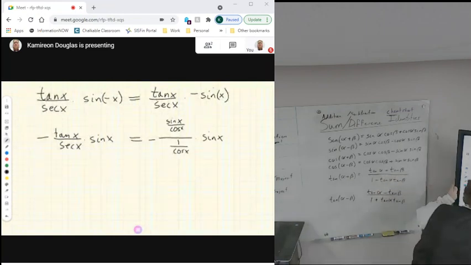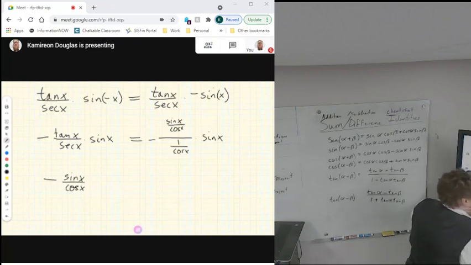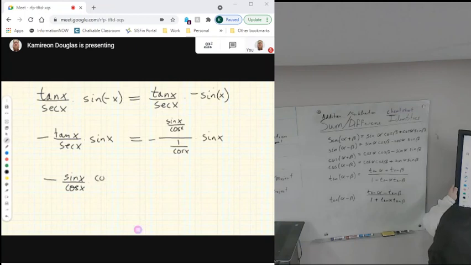We write this as negative. The top stays the same, so sine over cosine. The bottom flips, so instead of 1 over cosine, it is cosine over 1. And don't forget, there was still a sine in the problem.